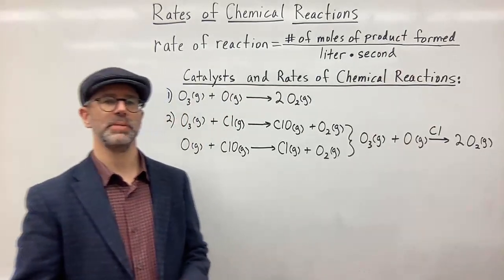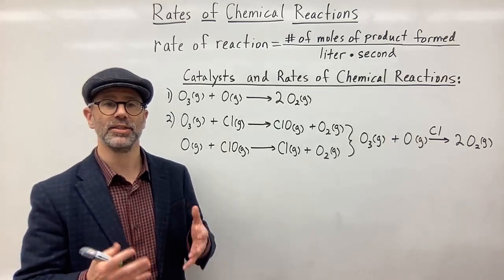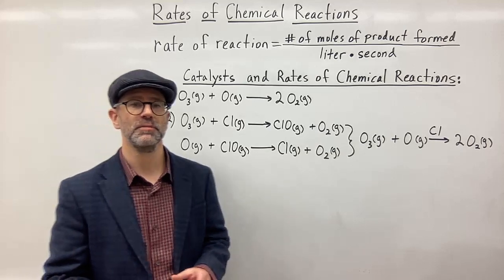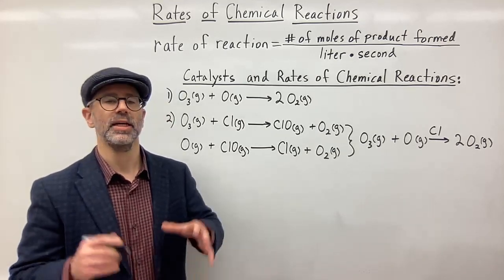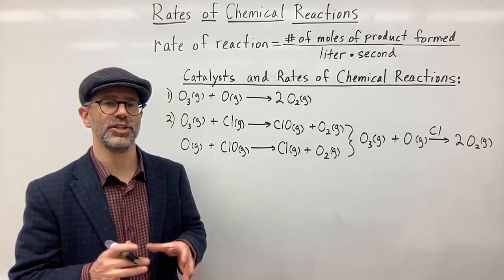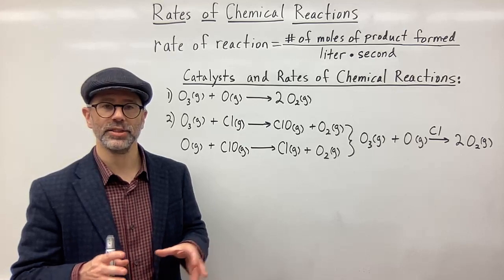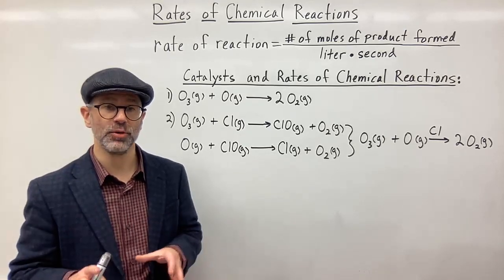Okay, so let me explain first what a catalyst is, and we'll talk about how a catalyst affects reaction rates. The first thing we need to realize is that a catalyst is a substance that, when you add it to the reaction, causes the reaction to speed up, but is not itself used up in the reaction.